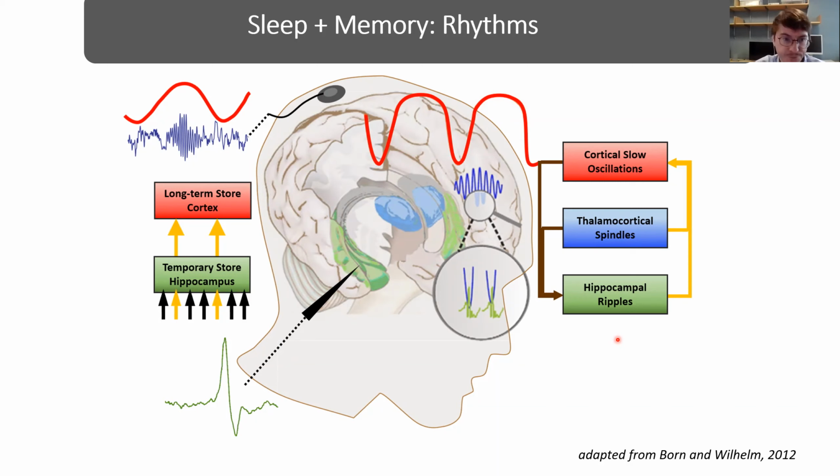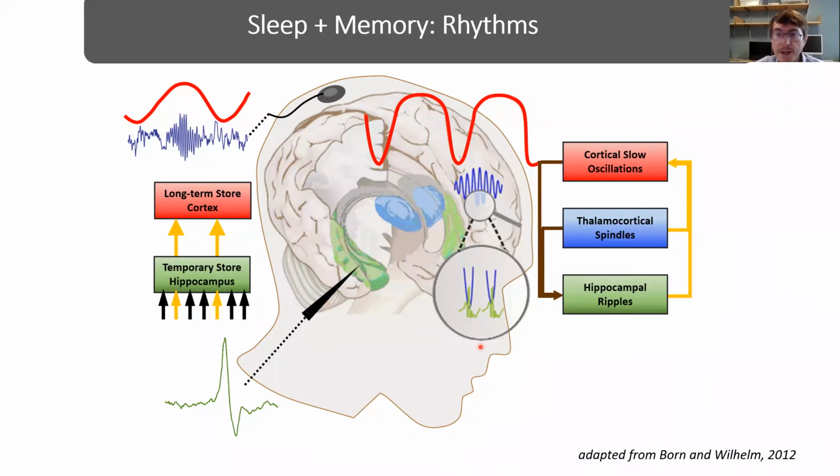So one feature that I really want to highlight here, which might not be clear just from this cartoon, is that the spindles generally occur during the slow oscillation upstate, so this transition to the upstate, and generally peak during the peak of the upstate. And that hippocampal ripples actually occur at specific times of the thalamocortical spindles.